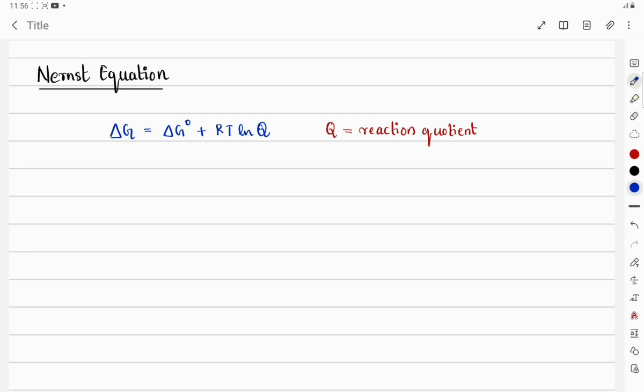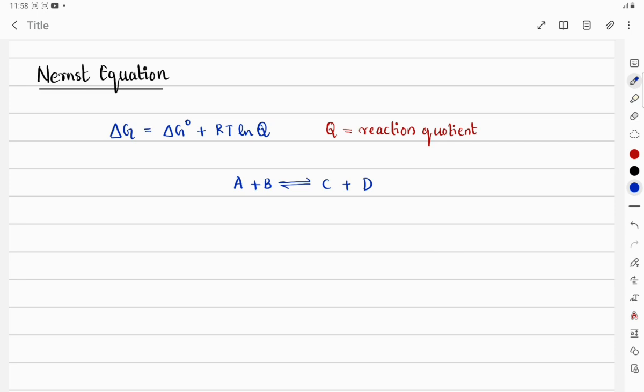So if we have a reaction, say A plus B in equilibrium with C plus D. When this reaction has just begun, that means we have just started mixing A and B. In that situation, it is not actually in equilibrium. Equilibrium is only attained after a certain time.